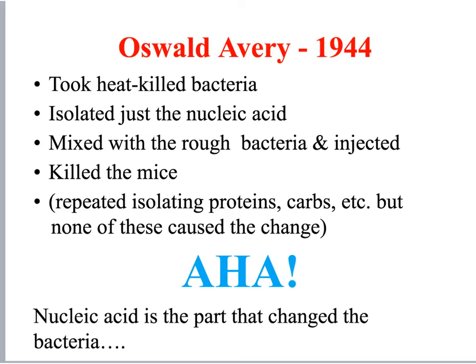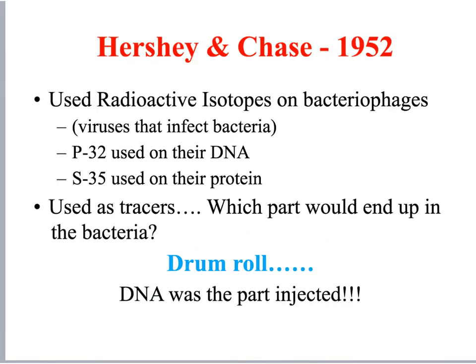Was it a protein? Was it carbohydrates? None of that caused a change in the organisms like nucleic acids did. Okay, so it was the nucleic acids, DNA in particular, that were passed on and caused a change in the transformation principle.